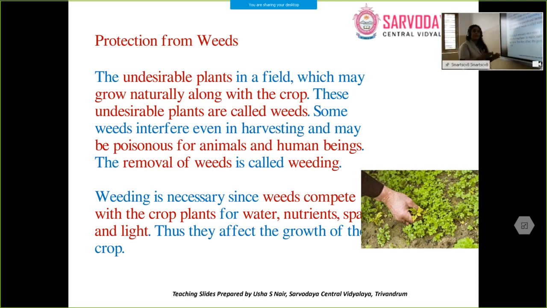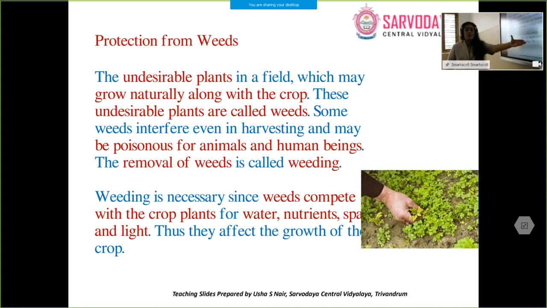Now, why is weeding necessary? I have mentioned it, but we'll just go through it again. Weeding is necessary because weeds compete with the crop plants for water, nutrients, space and light, and they will affect the growth of the crop. If such unwanted plants are along with the crop, they will take over the healthy crop.